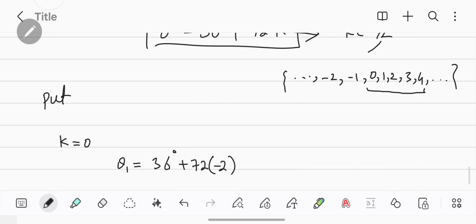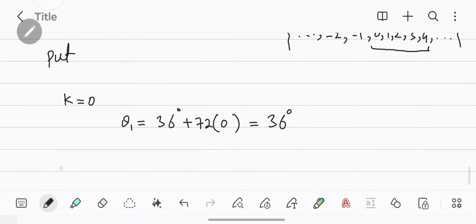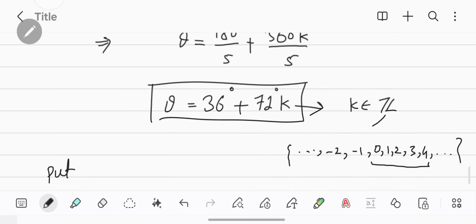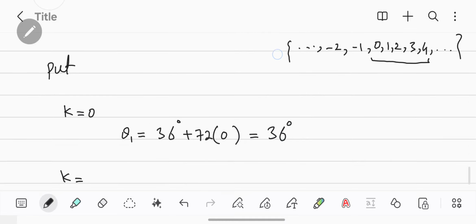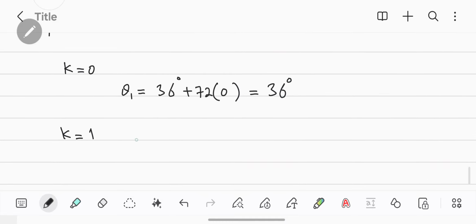By the way, you can take any 5 values. It's totally up to you, but it's good if you make the angle positive. So for k equal to 0, here you will write 0. So theta 1 will be 36 degrees plus 0. And for k equal to the next value, 1, I'll plug k equal to 1.